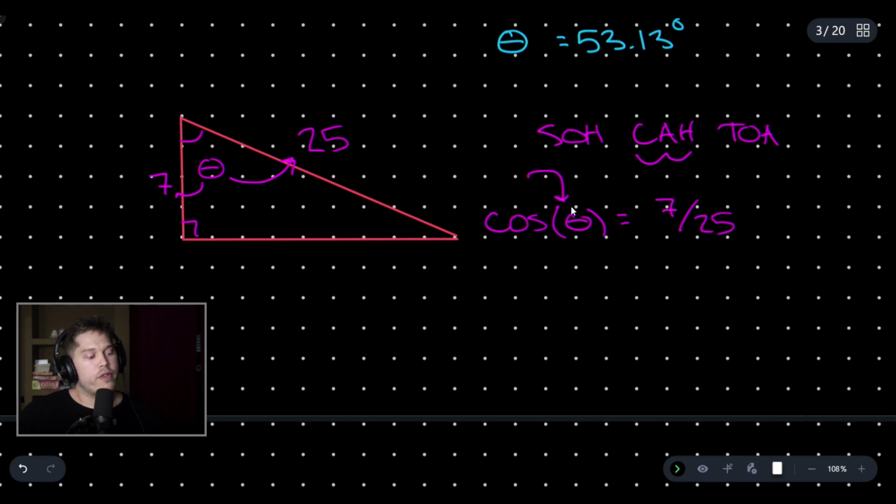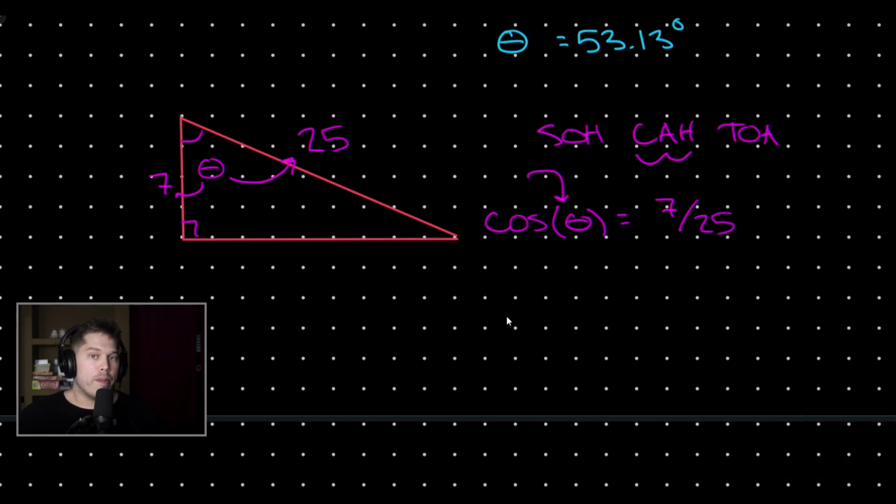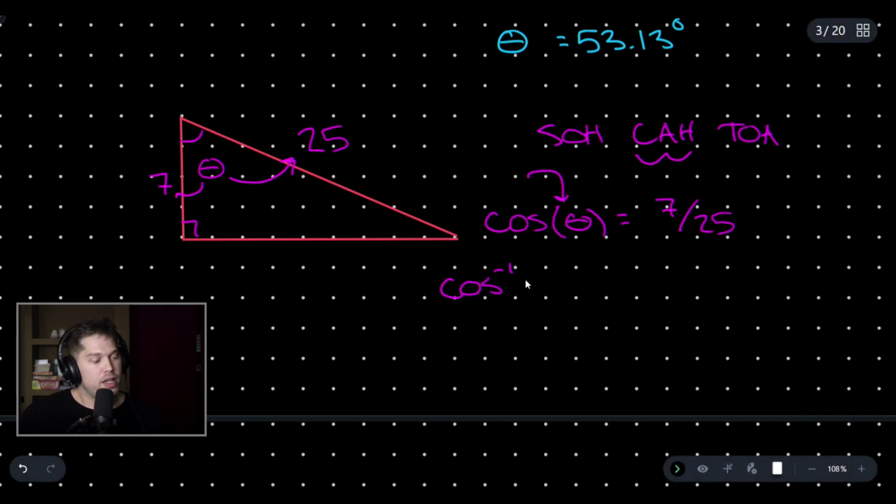We want to solve for theta, so we're going to apply the arc cosine function, or the inverse cosine function, to both the left and the right hand side. And whenever we apply the inverse cosine function, it's going to peel away the cosine and cancel it out and leave just theta.